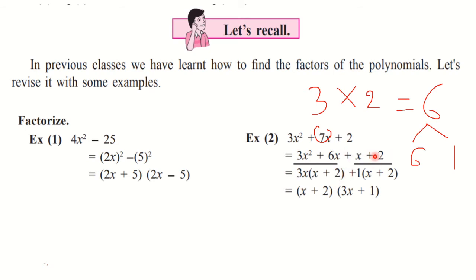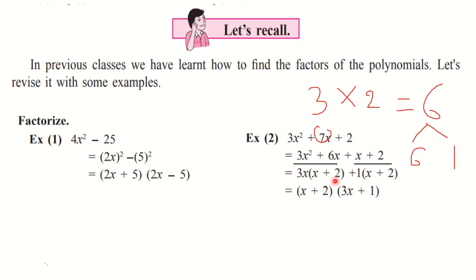Now in this group, you cannot see anything common. So in that case, you are going to take out 1 as common. Always keep in mind, if nothing is common, then take 1 as common. And in the bracket, you write down these terms as it is. What you will find is that the first bracket and second bracket are exactly the same.